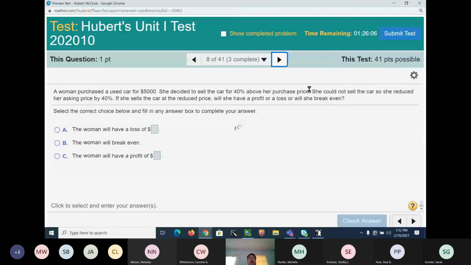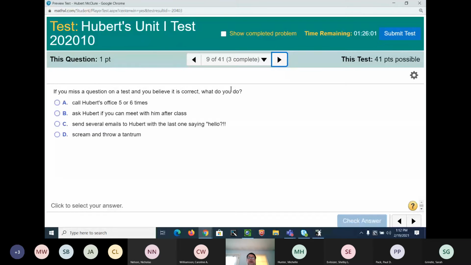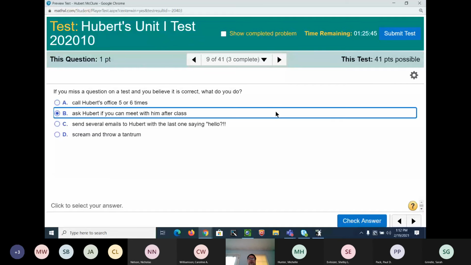If you miss a question on Hubert's test and you believe it is correct, so after today, since I went over this question, if you have a challenge question on a test, meaning you think it's correct, if you write me an email, am I going to respond? No, because the answer is ask Hubert if you can meet with him after class so I can see the test so you and I can pull it up together and look at it.